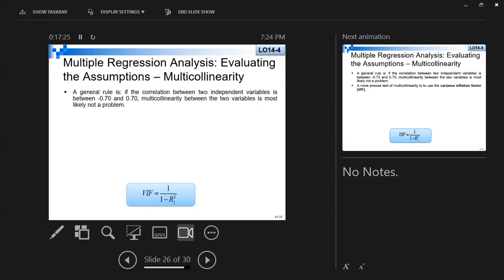Now, here's an example of parallel lines in analysis. We look at the cost of maintenance of a bus and how many years the bus has been in service. Suppose you also have data on the mileage of the bus.